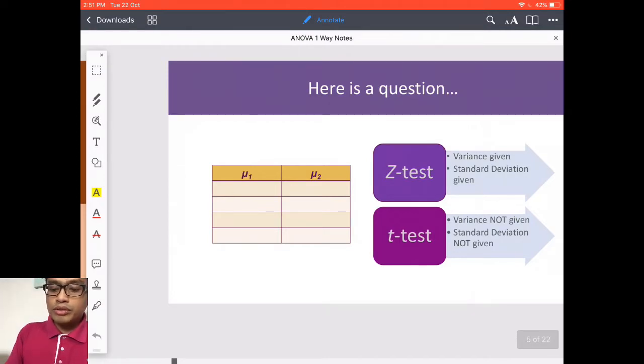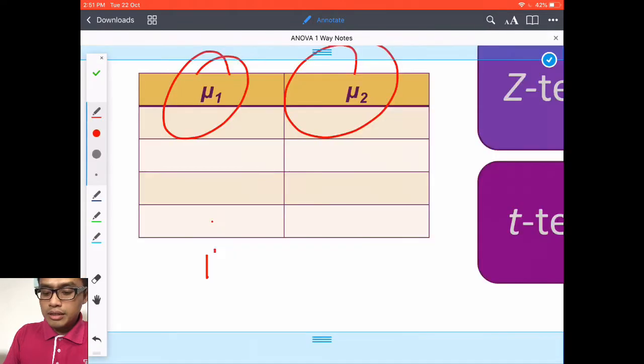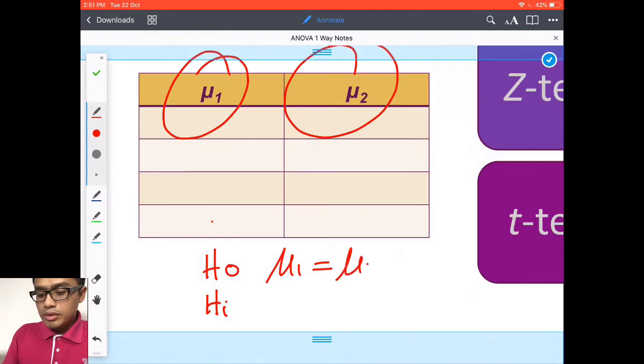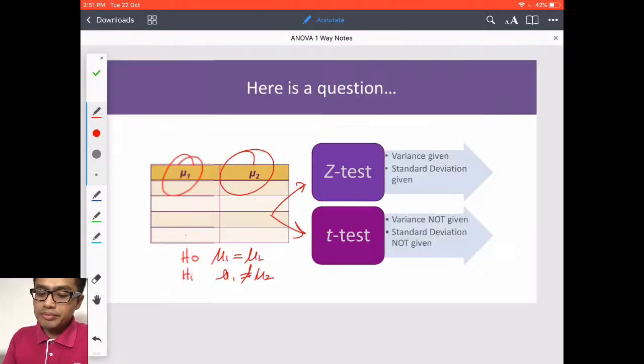When we want to compare two groups, either H0: mu1 is the same as mu2, or H1: mu1 is not equal to mu2. And with this, whether the standard deviation or variance is given or not given, we decided to use a population test, or normal distribution test, or Z test, or we use T test.